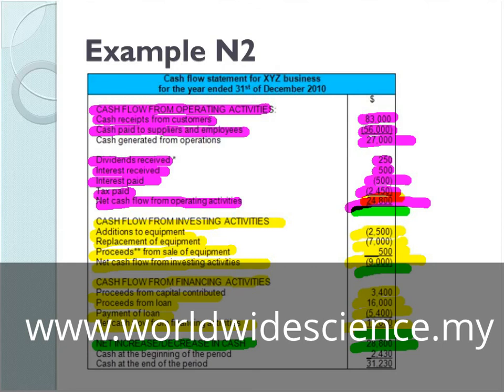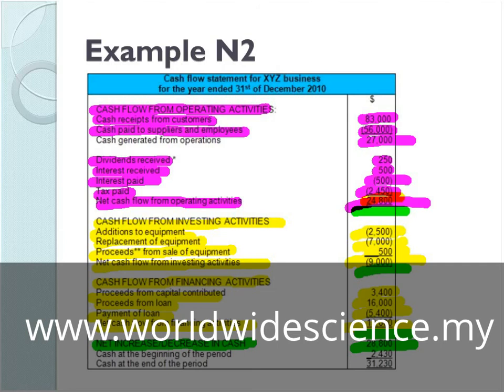Okay, that means, just want to type for you: 24,800 plus 9,000, which comes with the negative sign, and plus the 13,000 cash from financing equal to 28,800. Look at this one.